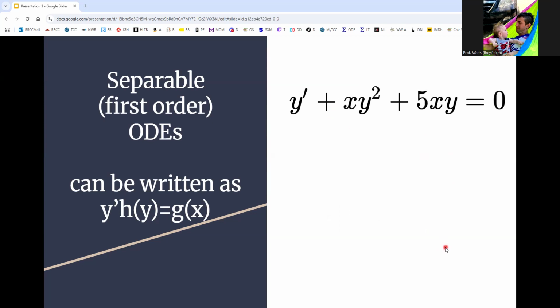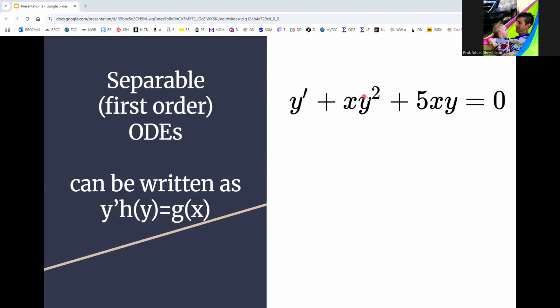All right, here's another differential equation. This one is also nonlinear because of the y squared. It's also first order. And I think it's also separable. Yeah, I think it's also separable. That's what I have drawn up.